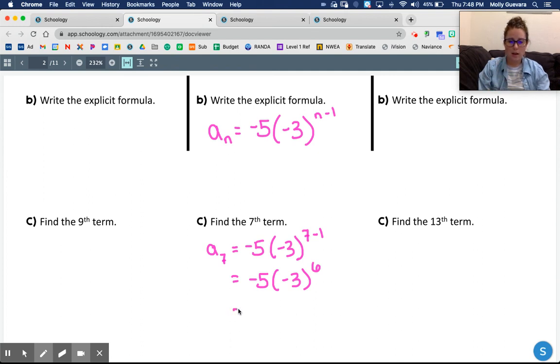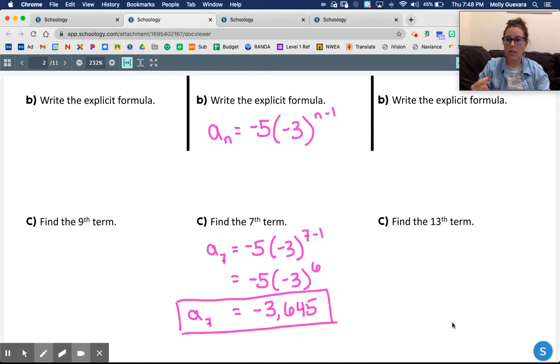So just be very careful. And I should get -3,645. If you did not get -3,645, you probably are entering it into your calculator incorrectly, and that just might be something that we want to look at.